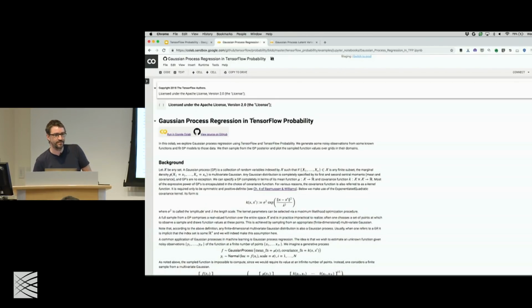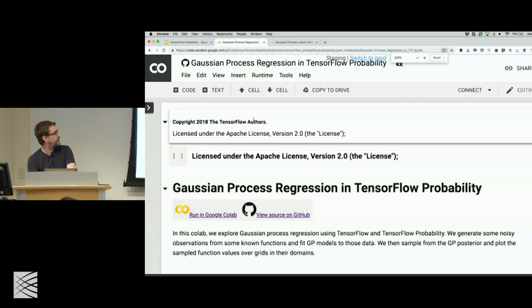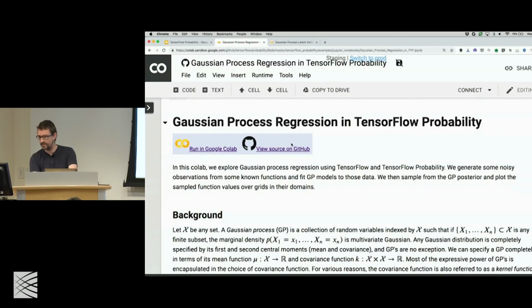It looks like it might be too small. We can fix that. So I'm really just going to give another kind of lightning discussion of this. We just recently added some support for Gaussian processes in TensorFlow Probability, and I want to show a couple of examples of how we do that.